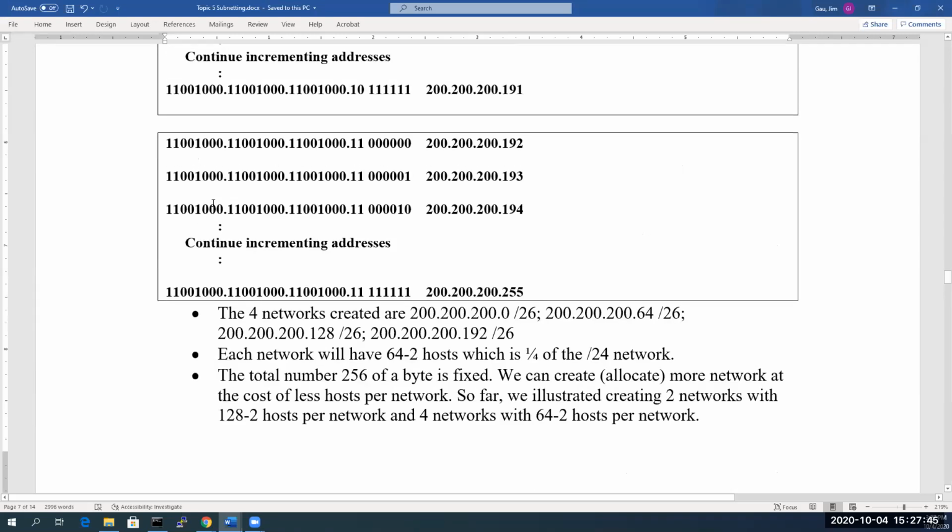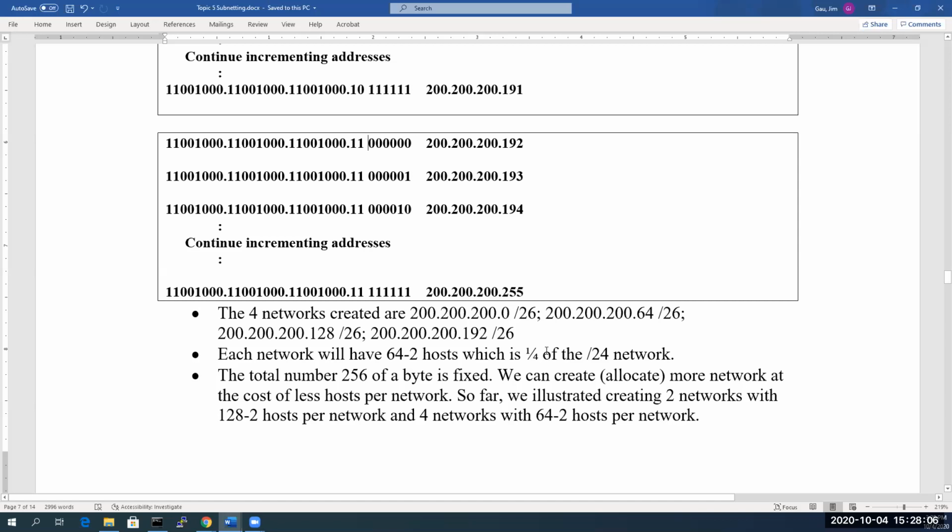So this summarizes that the 4 networks created are 0/26, 64/26, 128/26, 192/26, and you'll be able to know the broadcast addresses. Each network will have 64 minus 2 hosts, which is 1/4, because you created 4 networks.